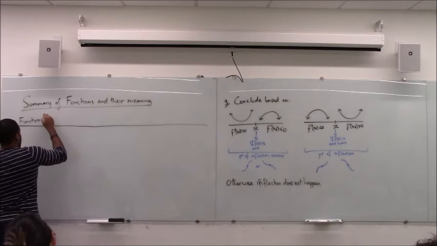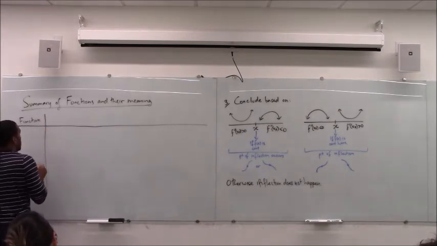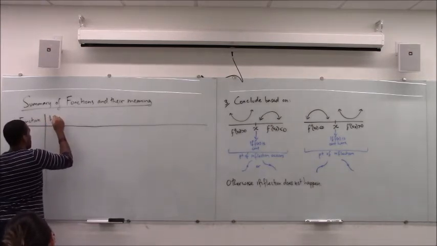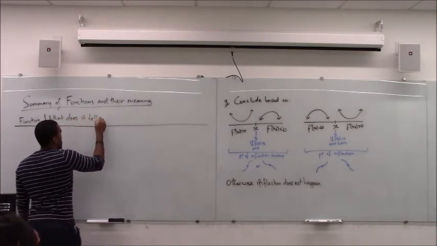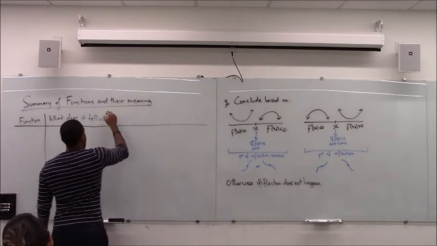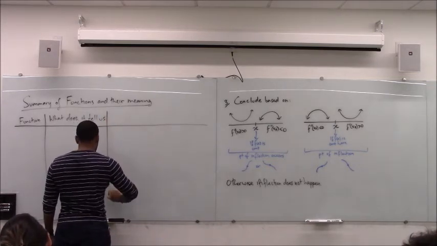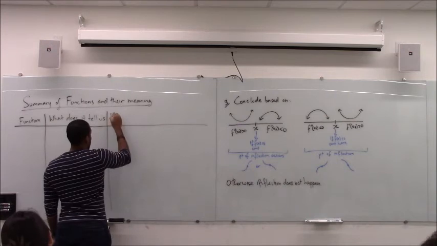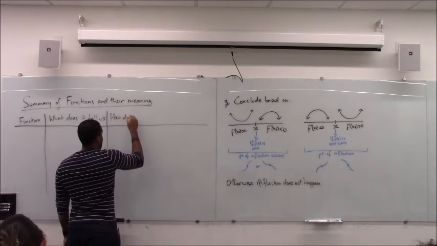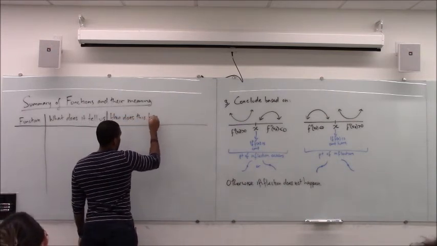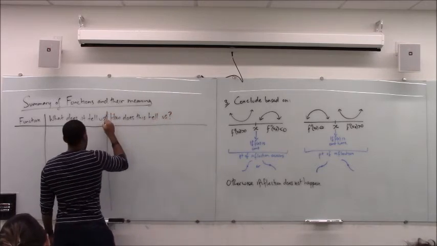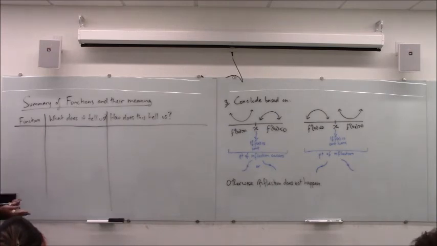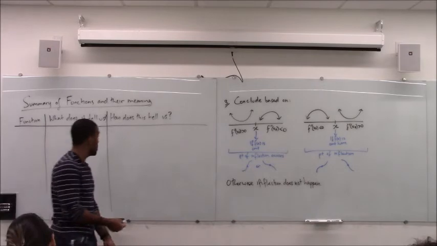So we can talk about a function, and we can talk about what does this function tell us. And then we can talk about how does this function tell us. So if I'm looking at this function, what information can I get from it, and how will I know that that's the information being communicated?